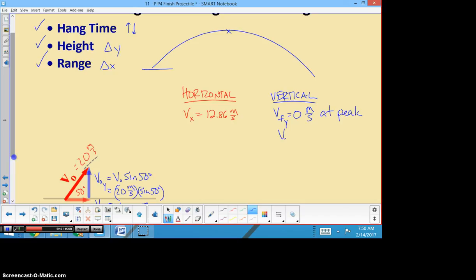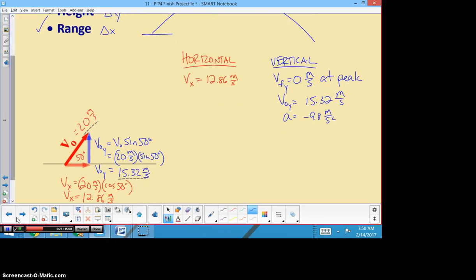We know the initial velocity in the y direction is 15.32 meters each second. And we know our acceleration is negative 9.8 meters each second squared. Let's find the time to the peak. That will be something we can solve for. So from this given, we can go ahead and use our formula VF equals A delta T plus V0, and these are in the y direction.